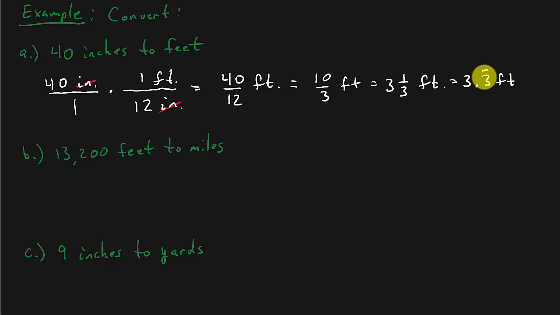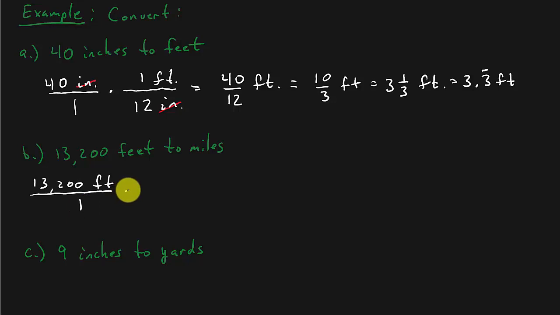All right, so let's go through some more, and I think it'll make sense and you'll get the hang of it. So here I want to go from feet to miles. So I've got 13,200 feet, and now I'm going to put that over 1. Now I've got to multiply by something.